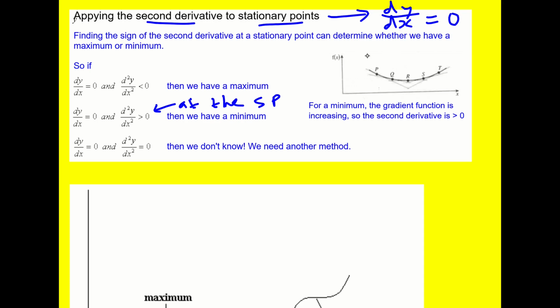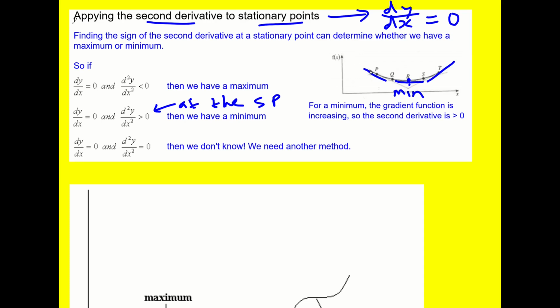So here I've got a curve going down and back up. I get a minimum at P. If you look at the gradient just to the left, draw a tangent, then the gradient of the tangent is negative. Then the gradient is equal to 0, and then the gradient of the tangent is positive.